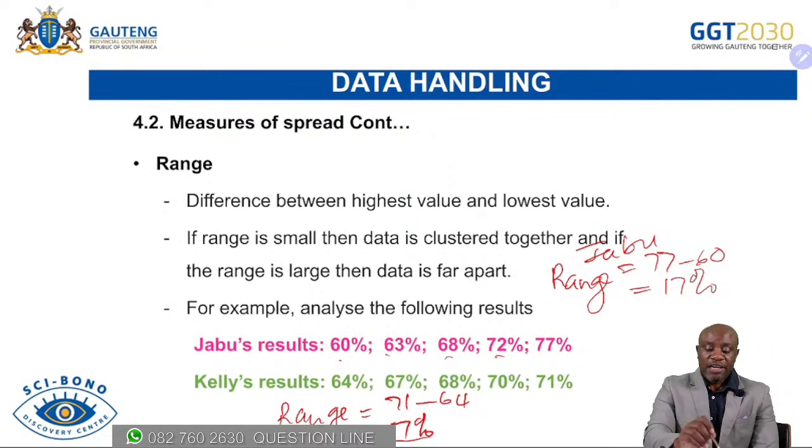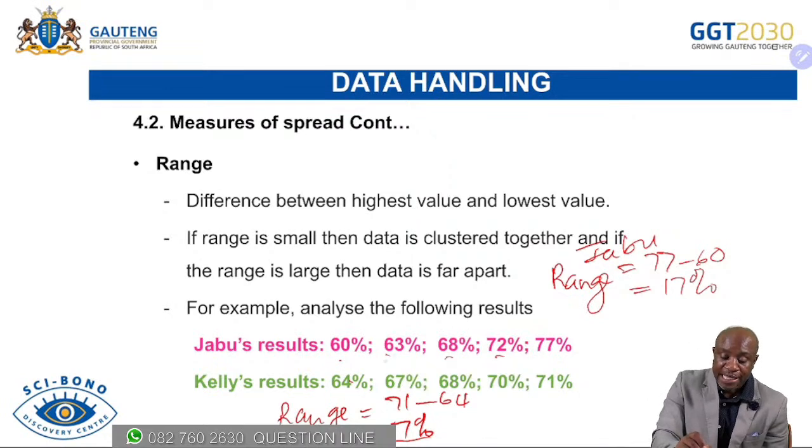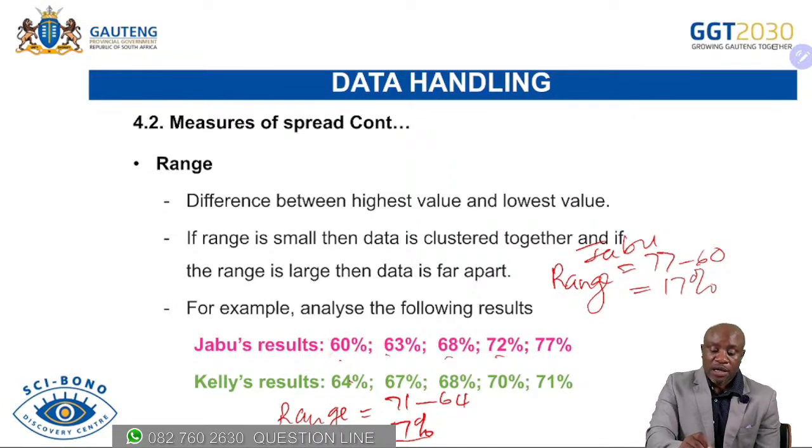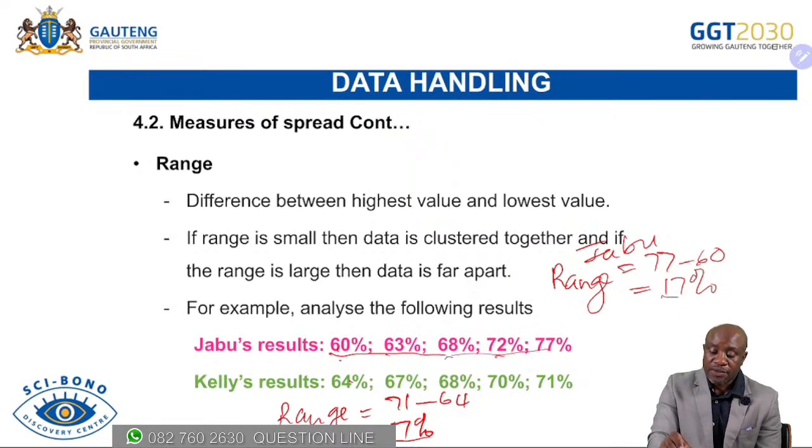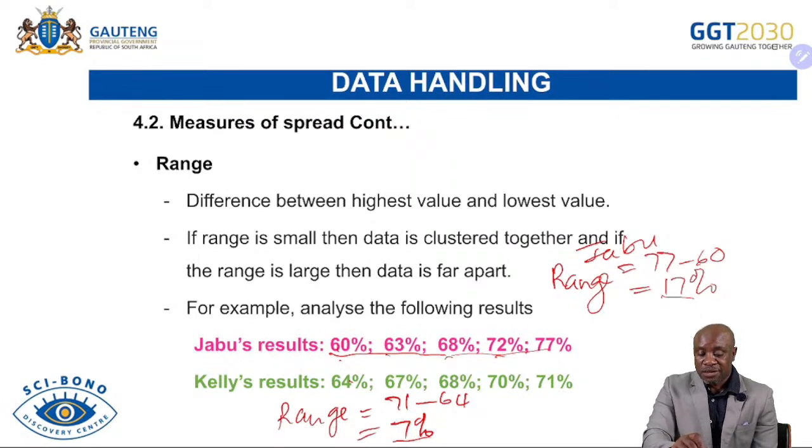Now, you can already see that the scores for Kelly differ slightly compared to those for Jabu. Jabu's highest score is 77 and the lowest is 60, so the difference is 17%. But with Kelly's marks, the difference is just 7%.